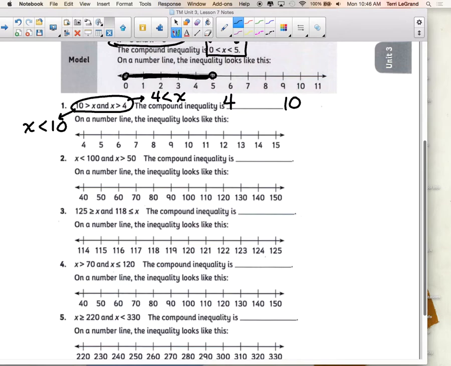This one starts out 4 is less than X, so we put an is less than sign there. The X is going to be in the middle. So there's one of our simple inequalities right there. 4 is less than X. But we don't write X again, and X is less than 10.